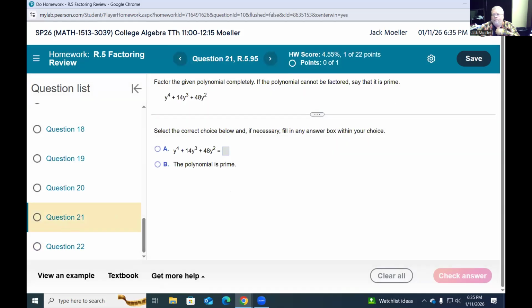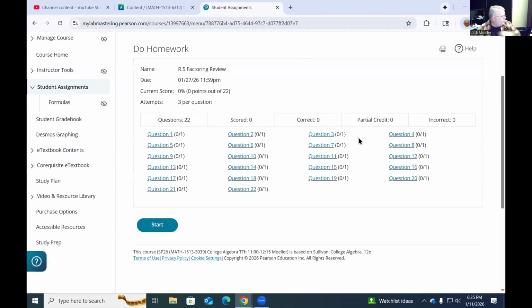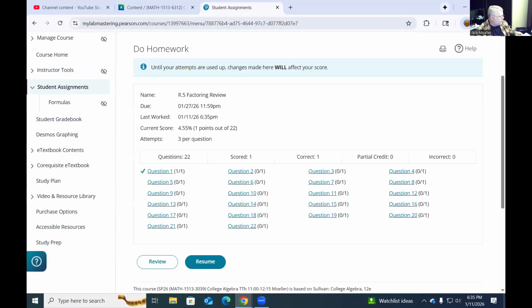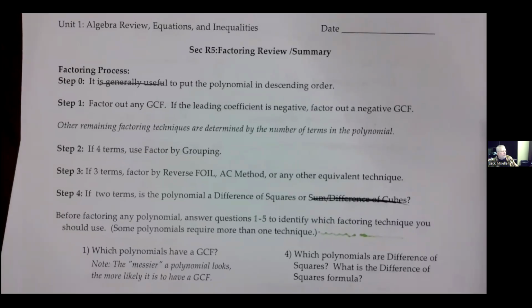All right. So hopefully this helps with getting you started. Again, just a quick review: when you're factoring, one of the things that you need to be able to do as a student is identify which technique you're going to be using. Okay. So today we talked about factoring out GCFs.